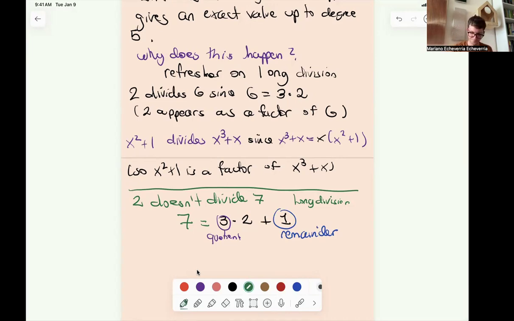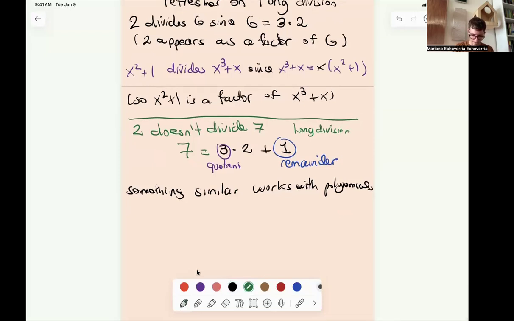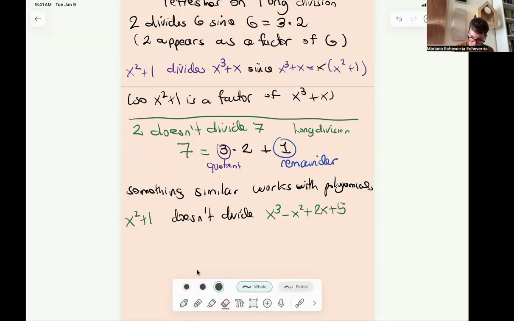For example, x squared plus 1 won't divide this cubic polynomial that I'm writing, just because that cubic polynomial doesn't have x squared plus 1 as a factor.